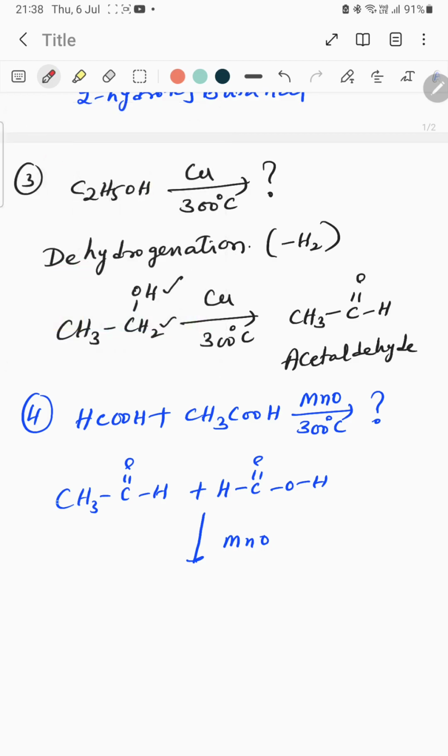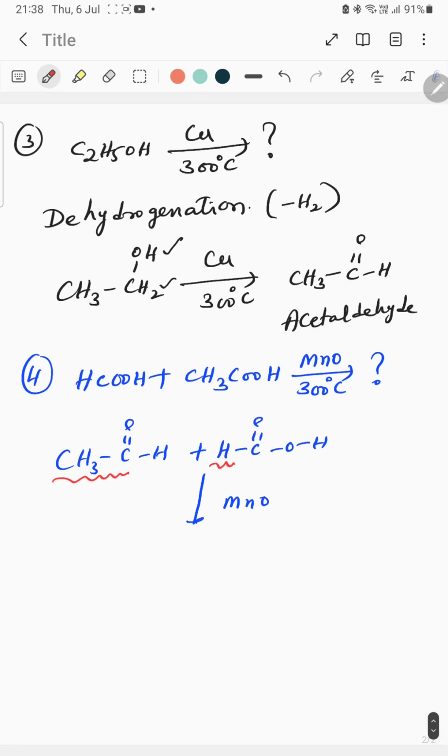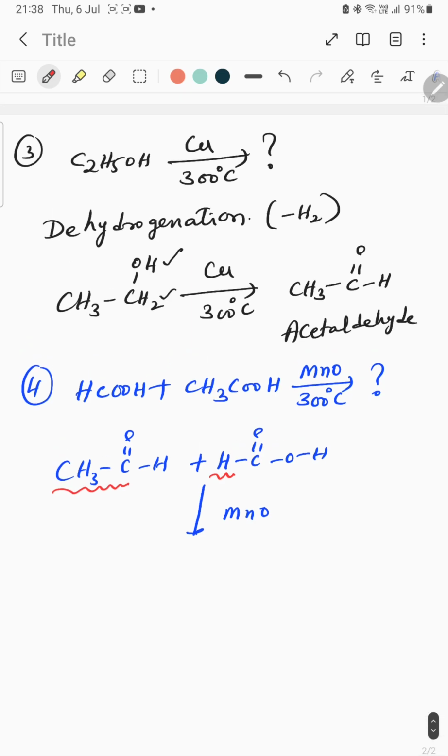Once observe carefully, this CH3 and H both are gone in the form of CH3 C double bond OH, and this one underlined is gone in the form of CO2.